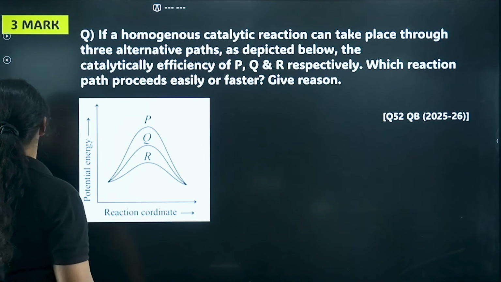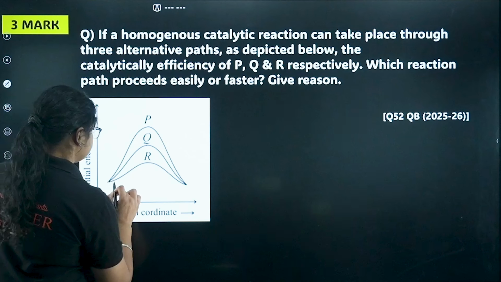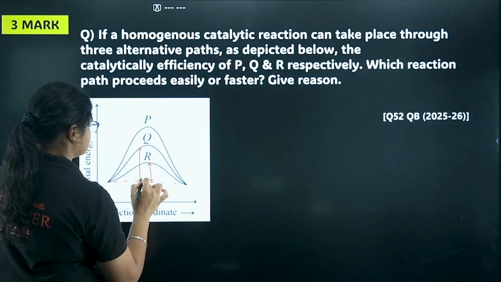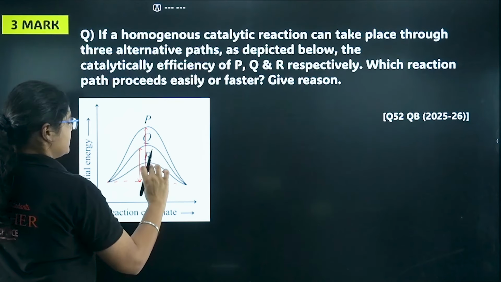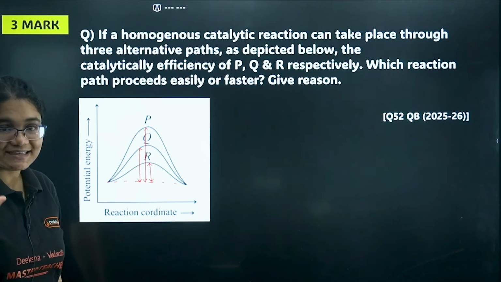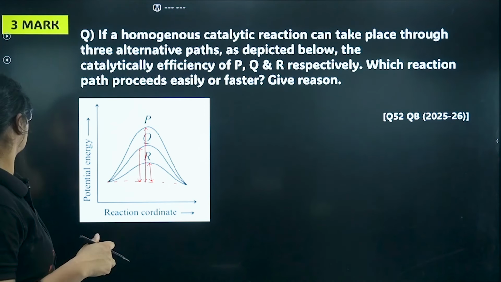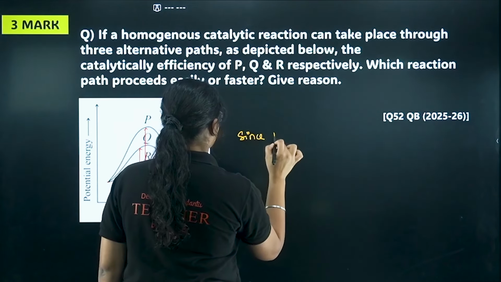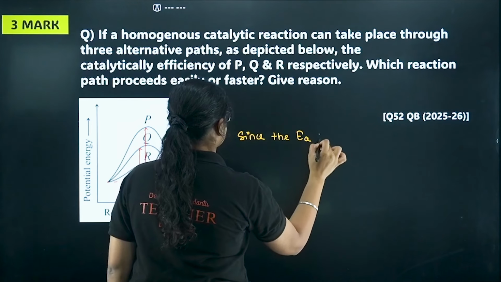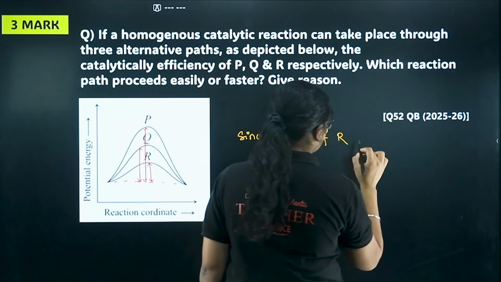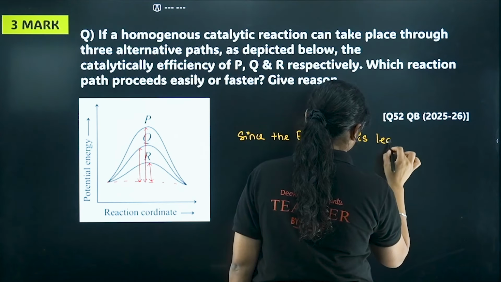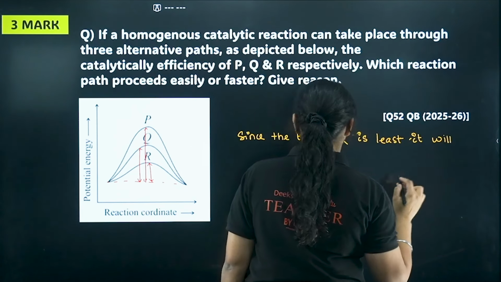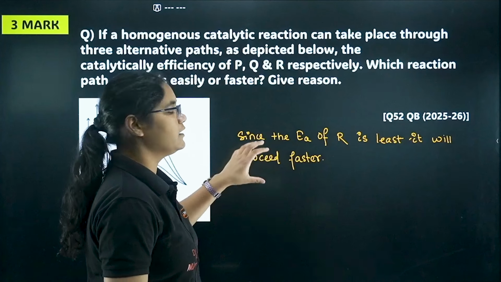You can see here, if I draw the activation energy, it is this one for R, this one for Q, and this one for P. So since the activation energy of R is least, it will proceed faster.